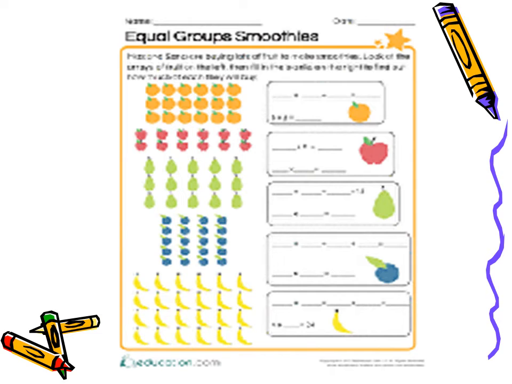You can count; I will give you the time to count all the pears in the second and third row. The answer is 5. So we have 3 different groups of 5 pears. So we will write 5 plus 5 plus 5, 3 times, or we can write 3 multiplied by 5 equals the product.